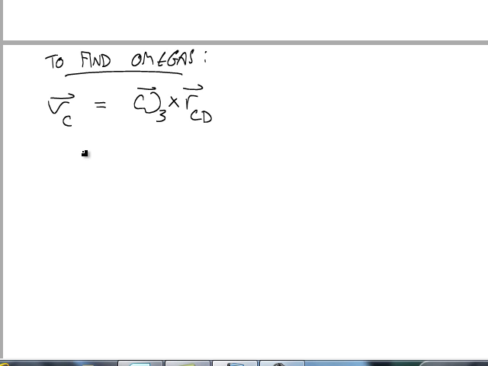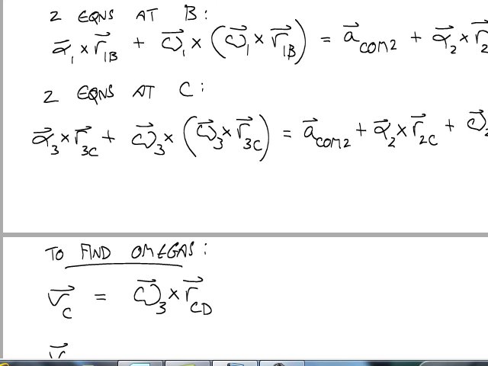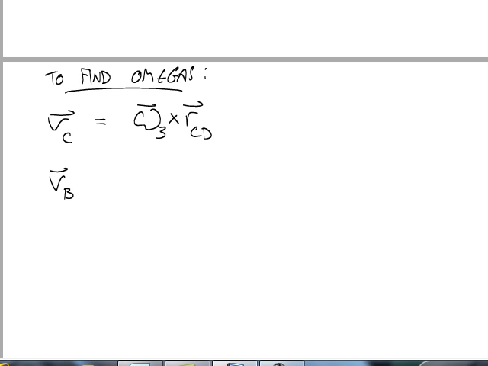So once you do this, you have numbers for VC, right? Now the velocity at B is equal to VC plus omega 2 cross the vector 2B from C.